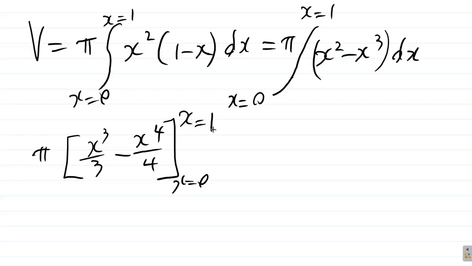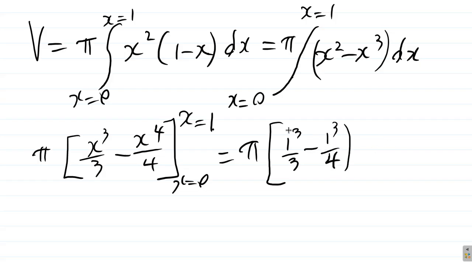So it's going to be pi times, let's input the upper boundary, that is 1 cubed over 3 minus 1 to the fourth over 4, minus, then we input the lower boundary, 0 cubed over 3 minus 0 to the fourth over 4.